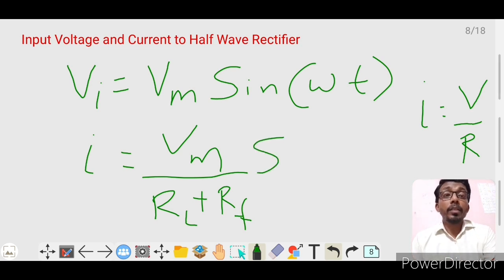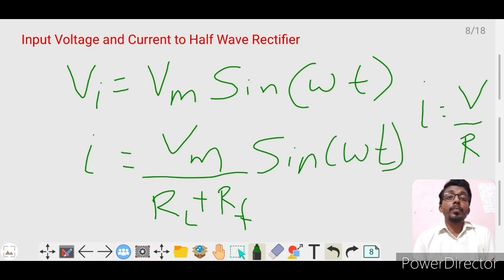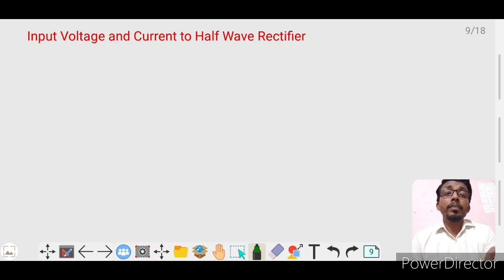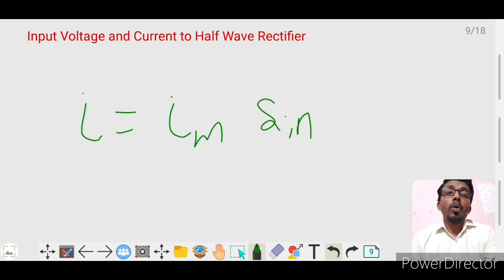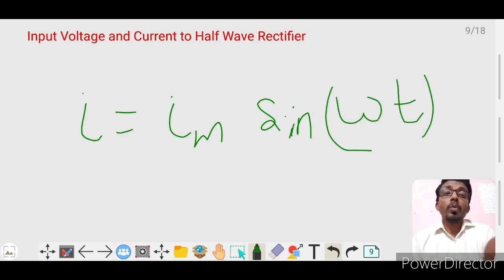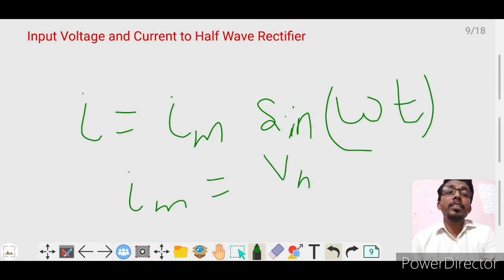And then we are having this sine omega t. So we can write it in another form, that I equals I maximum sine omega t, where I maximum is nothing but V maximum, that is maximum voltage, divided by RL plus RF.